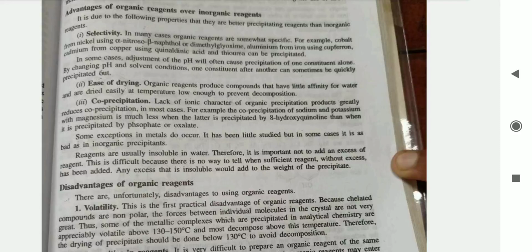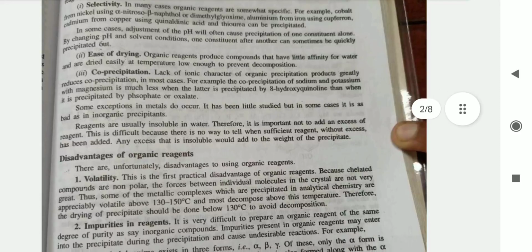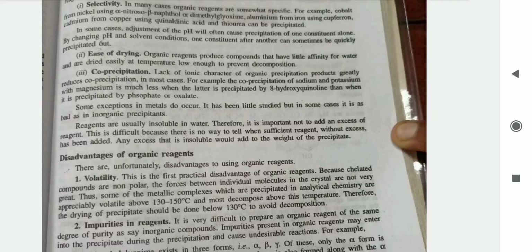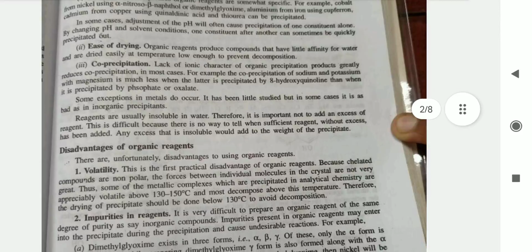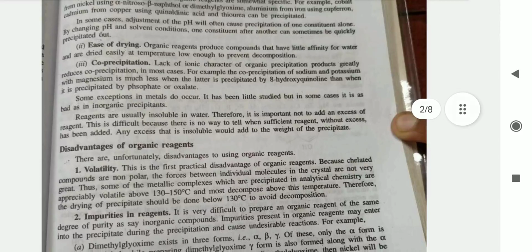For example, the co-precipitation of sodium and potassium with magnesium is much less when the latter is precipitated by 8-hydroxyquinoline than when it is precipitated by phosphate or oxalate. Some exceptions in metals do occur. It has been little studied, but in some cases it is as bad as inorganic precipitants.